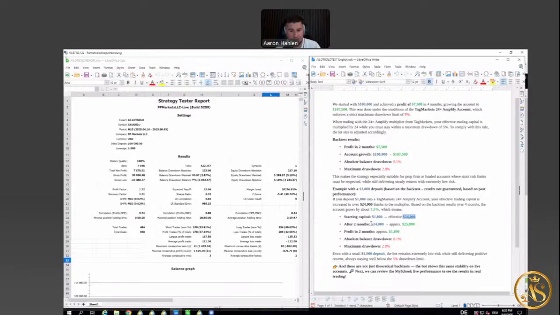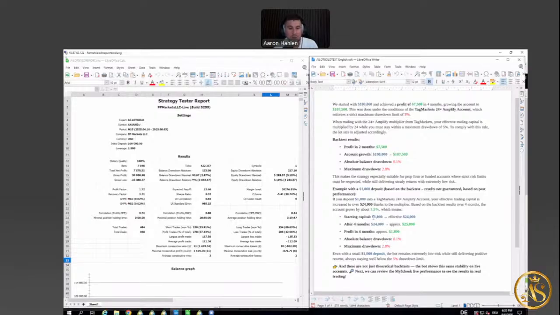After 4 months, if we calculate after this backtest right now, we will have on this $24,000 account $25,800. That means a profit in, sorry, it says 2 months, but it's 4 months. The profit in 4 months would be $1,800.